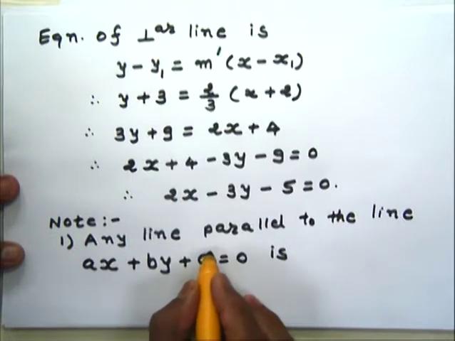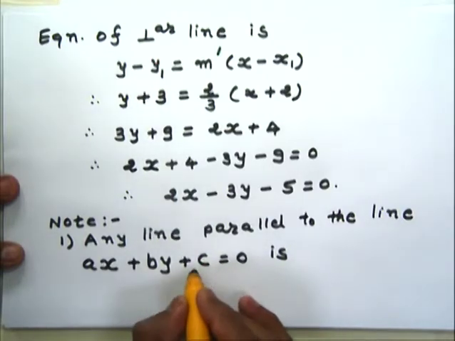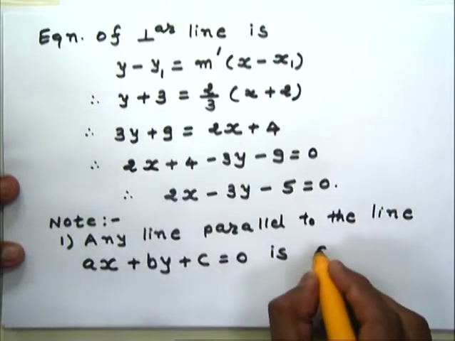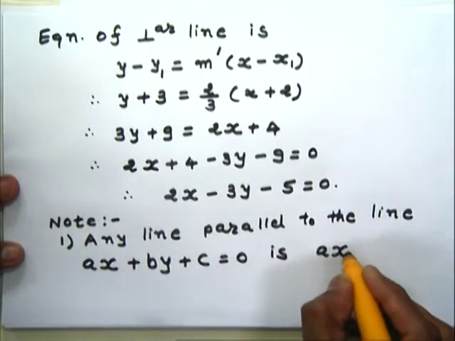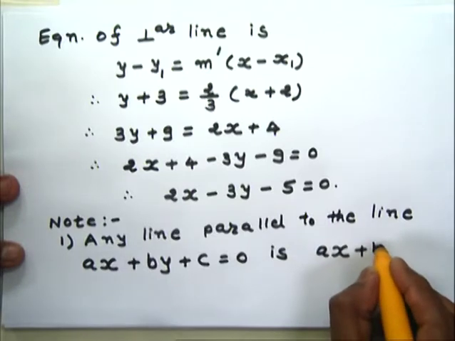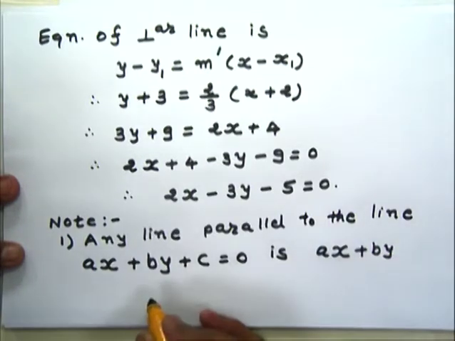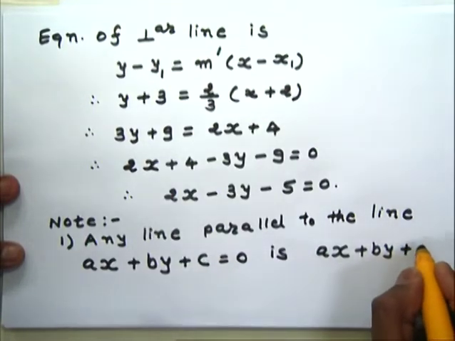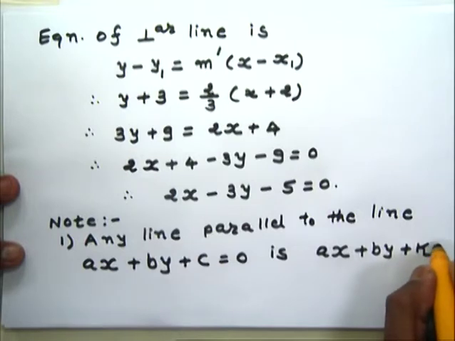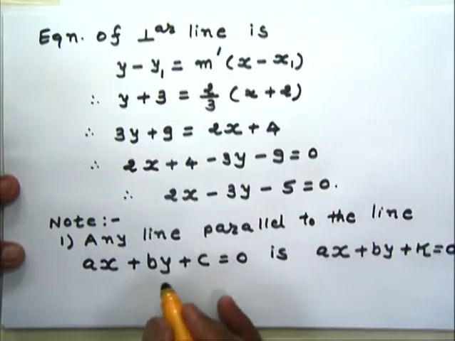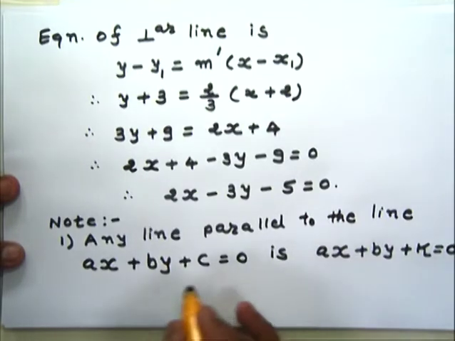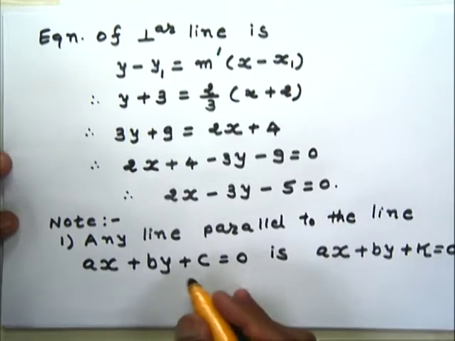The only difference will be in the constant. That is, ax plus by remains same, only that constant will change. Let us say it is ax plus by plus k equal to 0. This is the general equation of any line parallel to the given line.